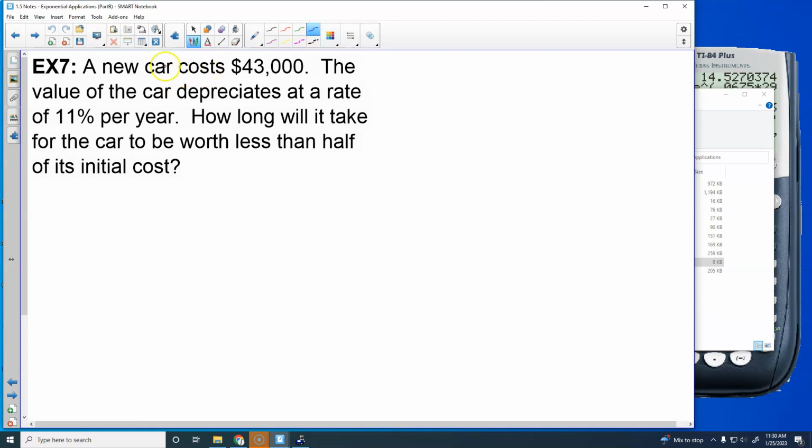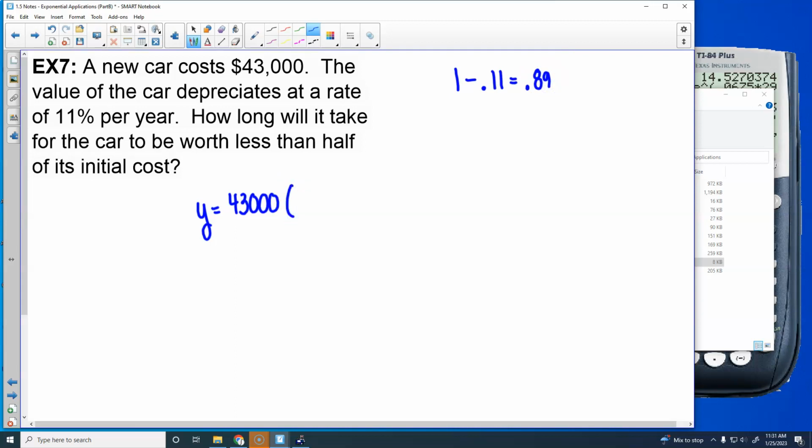So for this, we've got y equals our initial cost, $43,000, and for our b value for 11% per year, we do 1 minus 0.11, which gives us 0.89.